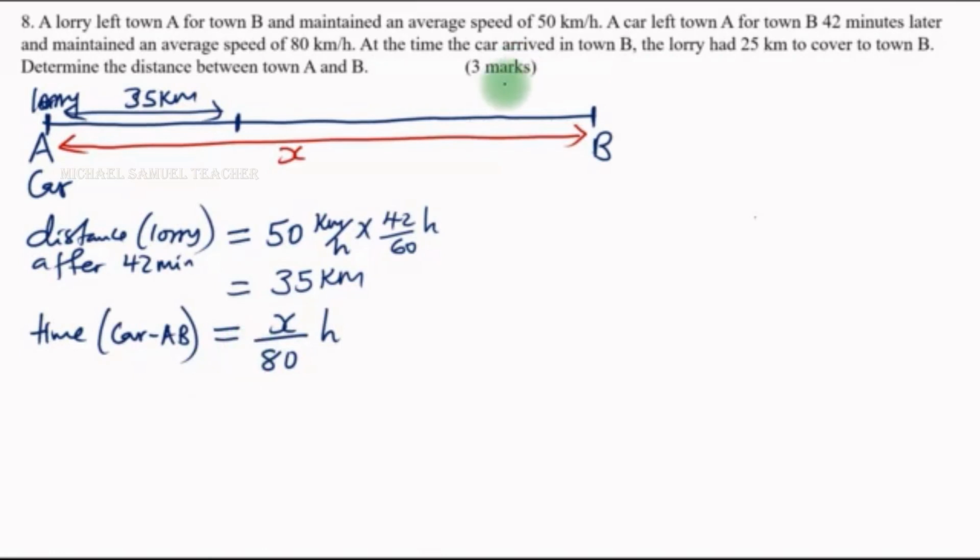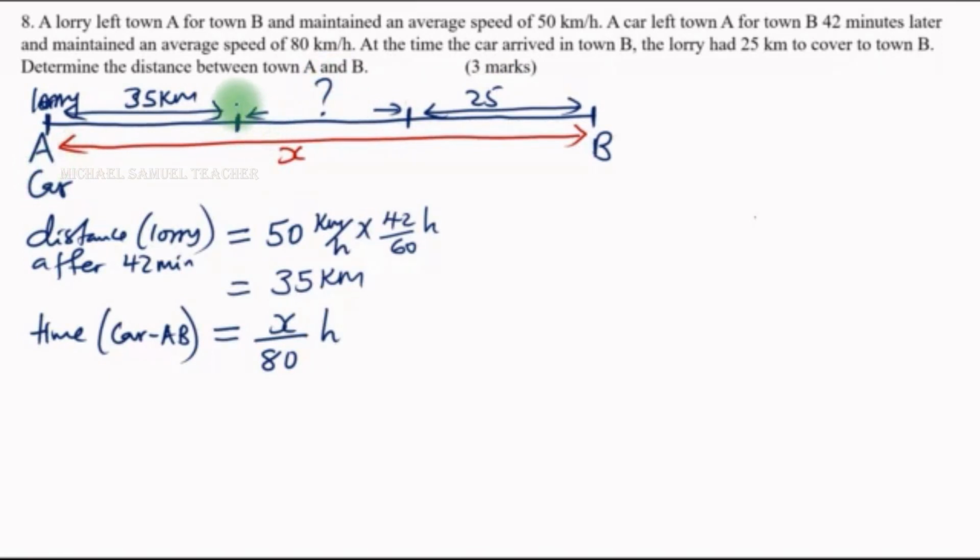The other information given is that at the time the car arrived in town B, the lorry had 25 km to cover to town B. That means the lorry had not arrived at town B. So somewhere here, let us say this is 25 kilometers remaining. Now the lorry is at this particular point. So we don't know the distance the lorry had covered, but it took the same time as the car.